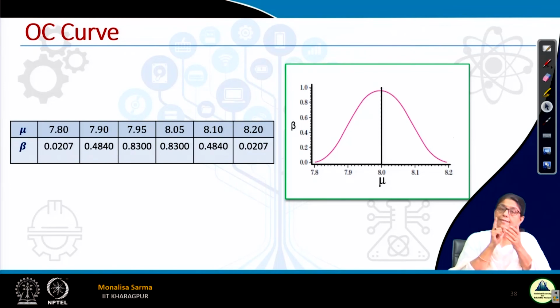That is one thing. Second point is that I already told you that when my null hypothesis is not rejected, that does not mean that I am accepting the null hypothesis. It may mean two things. It may mean I am accepting the null hypothesis, or it may mean I am not able to reject the null hypothesis.